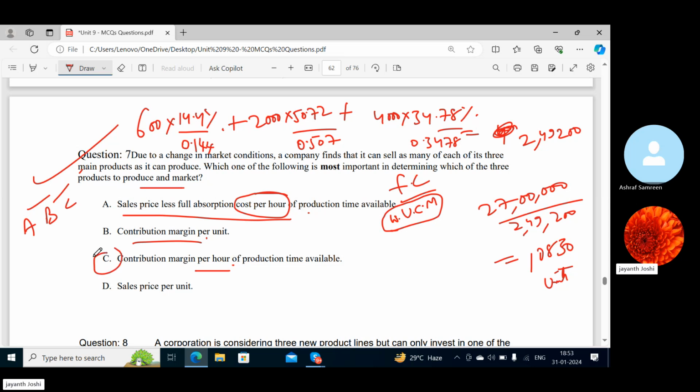So this gives us the clear picture, right? And the selling price does not consider the cost of constraints, correct? Yes, the cost and also the constraints.